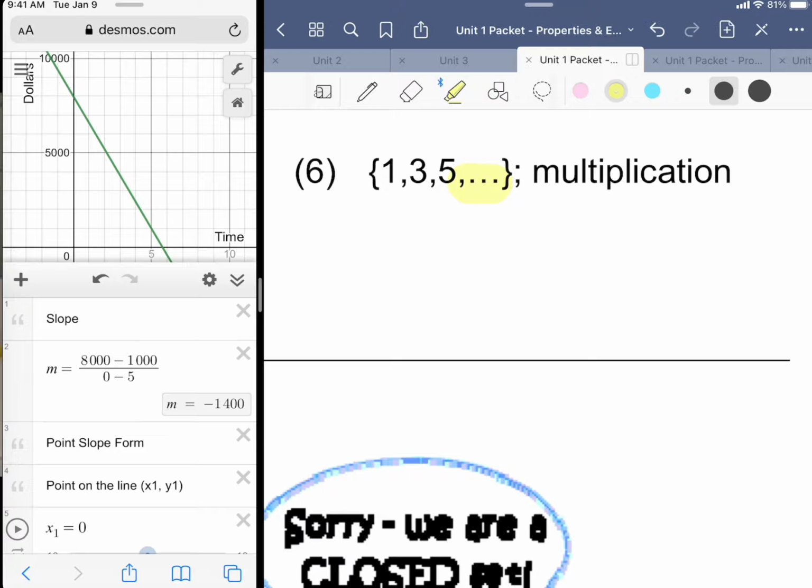So what we're going to do here is multiply, because this is the operation, multiply any 2 values in this set. Now it's infinite, so that could take a while if we don't do this the right way. Multiply any 2 values in the set.